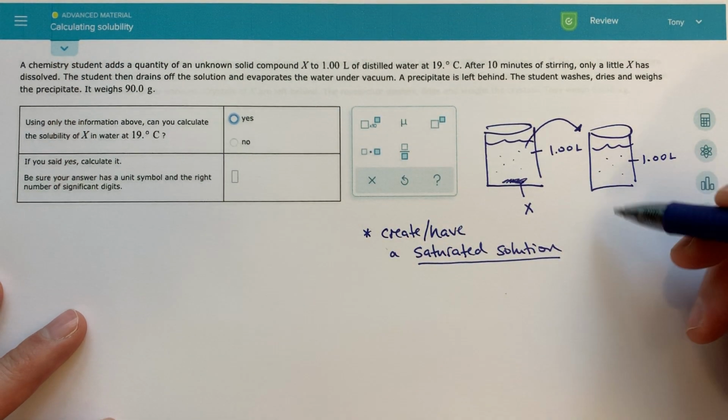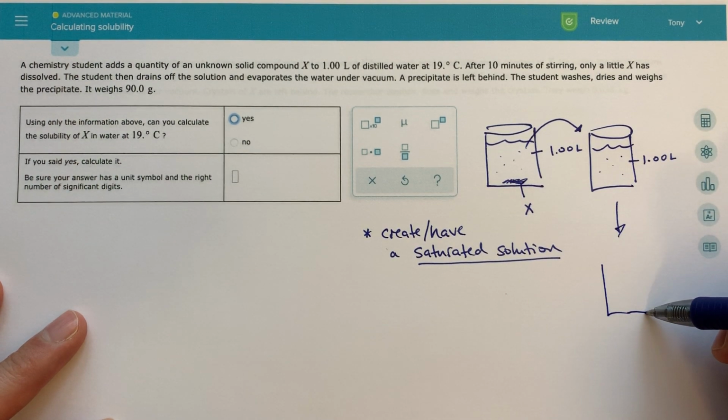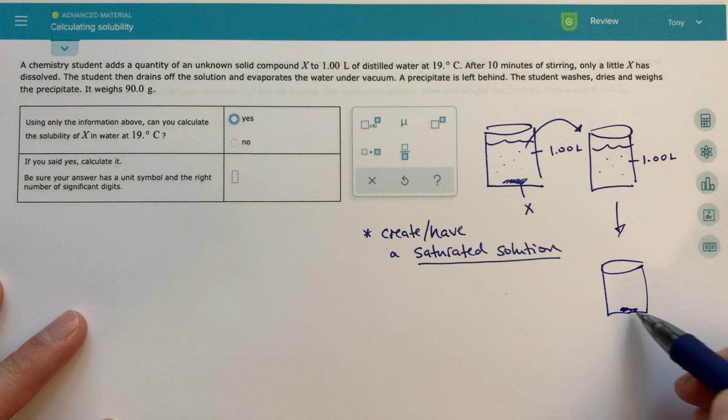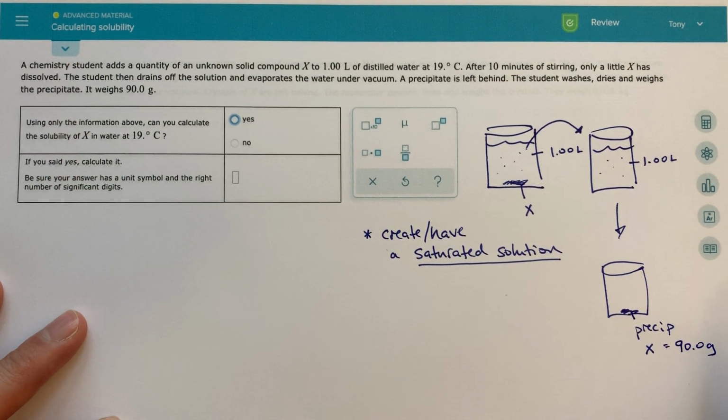So then we're going to get rid of all of the liquid, and we've just got this small amount of precipitate of X, which equals 90.0 grams. And all of that 90.0 grams was previously dissolved in the saturated solution.